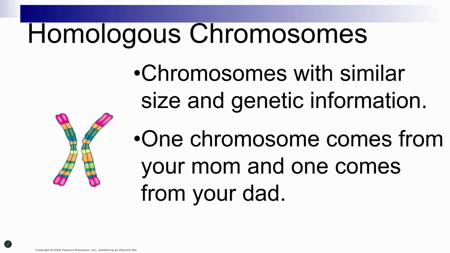The gene, let's say for eye color, is going to be at the same location on the same chromosome. So those homologous chromosomes are going to be the same size, the same shape, and carry the same genes. One of those you get from your mom, one of them you get from your dad. So those homologous chromosomes pair with each other. They're going to pair up in meiosis.